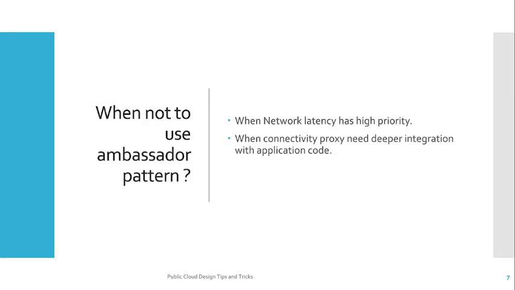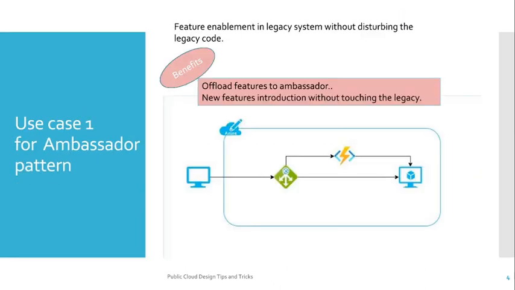Then the question is, when not to use the ambassador pattern? As you can see here in the previous diagram, let me go to the previous diagram. Here you can see there is an extra component which is coming. So in this case, if you have a need for low latency, you should never choose the ambassador pattern, because your request is again hopping over to another component before it comes to the target.